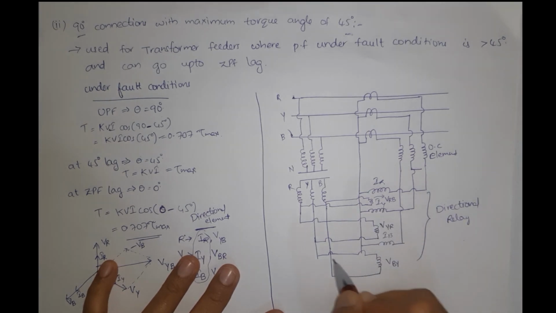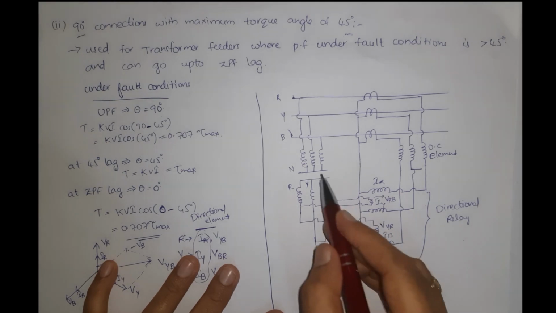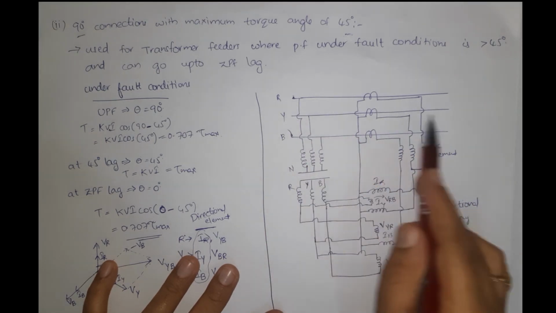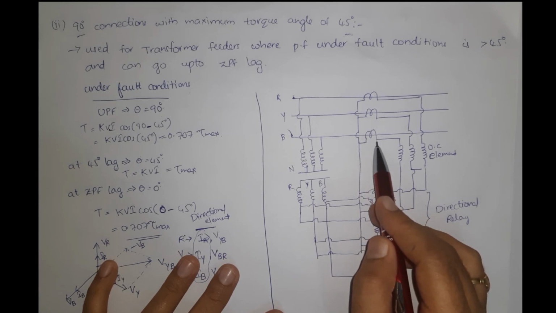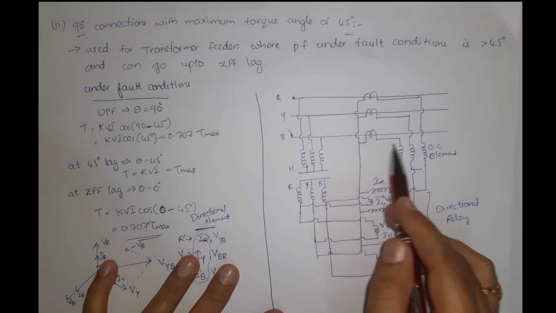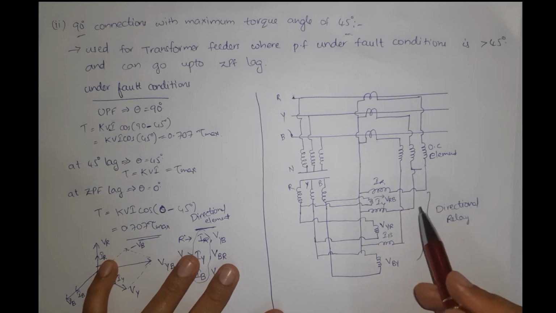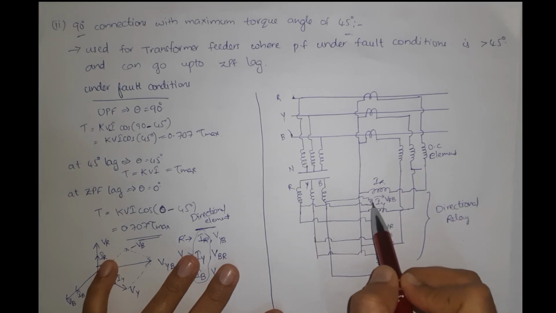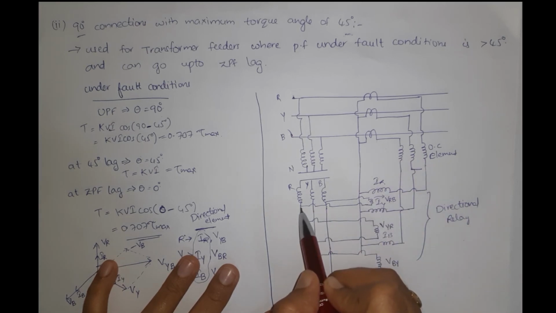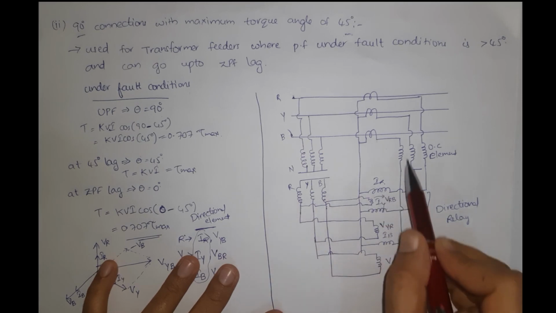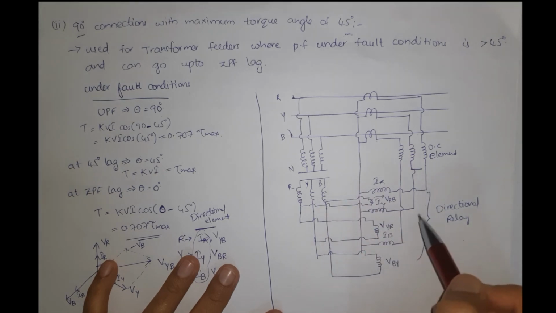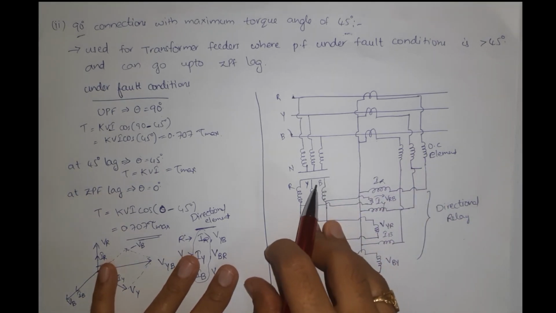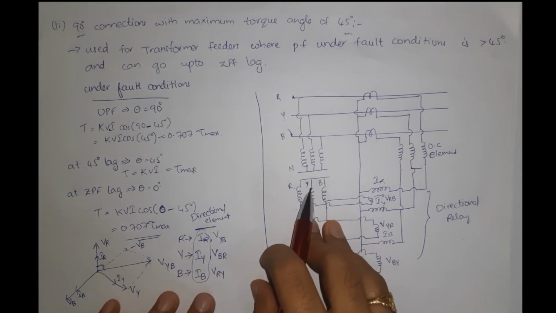These are given to the transformer, right? So these are the feeders, RYB phase. The CTs will be given the overcurrent elements. Both potential coils are given to phases directly and current coils are given to the CTs, right? So this is the connection corresponding to the directional overcurrent relay elements of the feeders.